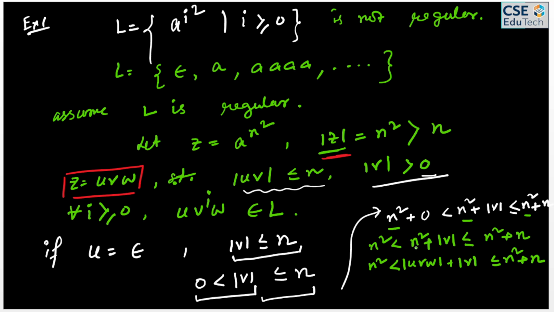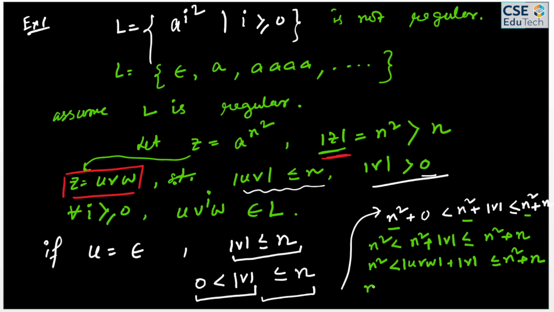As we have assumed that z is equal to uvw, n square also implies that the length of z is n square. So n square can be replaced by the length of z, which is the length of uvw. So that's why we write it in this form.